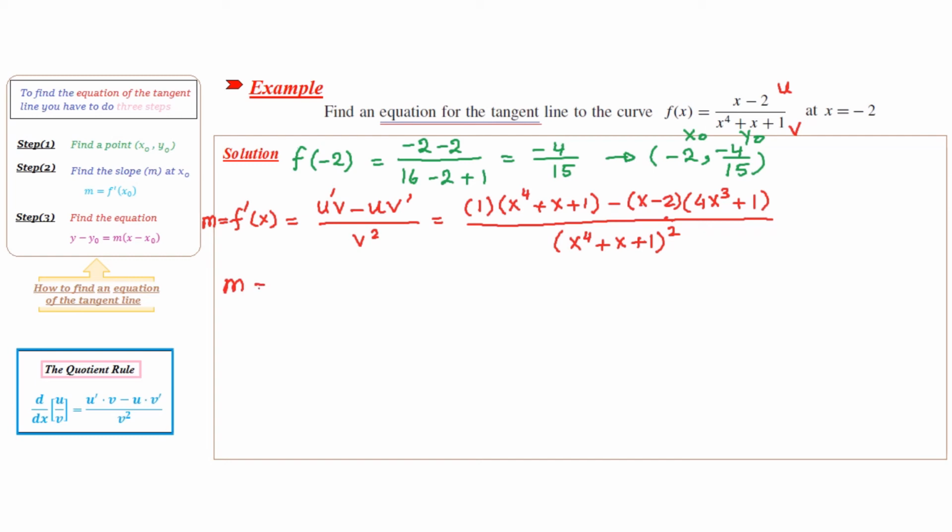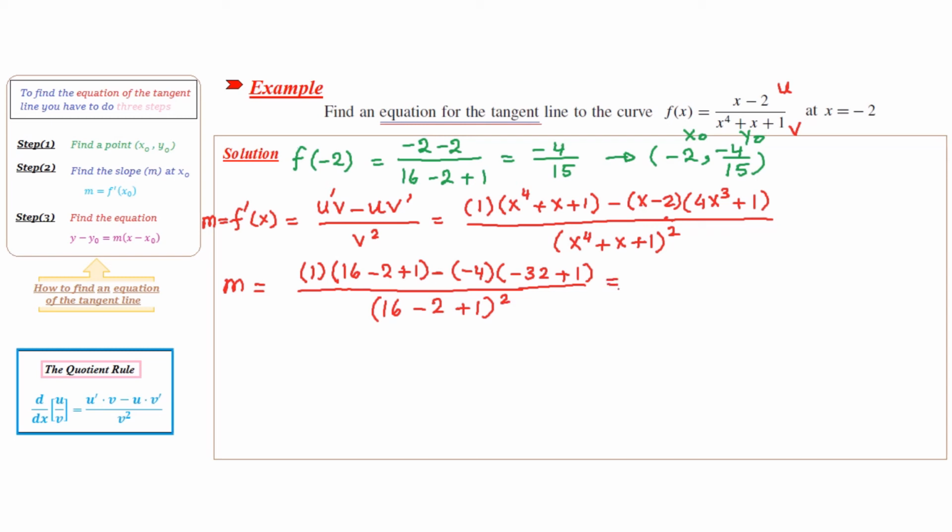So m equals, now step by step, 1 multiplied by -2 to the power 4, which is 16, plus -2, which is -2, plus 1, then minus -2, which is -4, multiplied by -2 to the power 3, which is -8, multiplied by 4, which is -32, plus 1, divided by -2 squared, which is 16, plus -2, plus 1 squared.